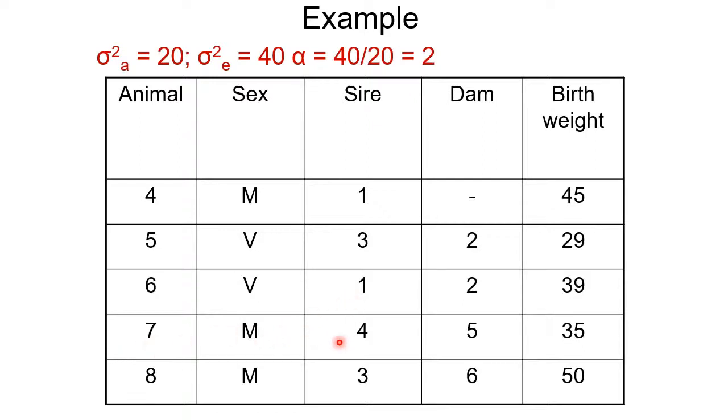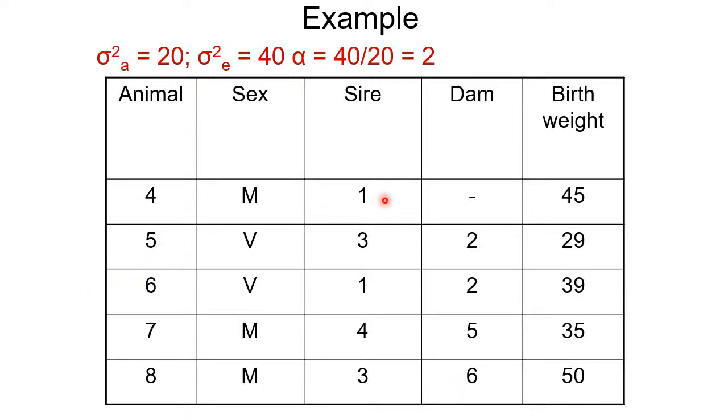For animal 7, the dam is animal 4. Can you see there is animal 4? It's also the sire of this animal. It's a male, sorry. It's the sire of this animal, and the dam is animal 5. And for animal 8, the sire is animal 3, and the dam is animal 6.